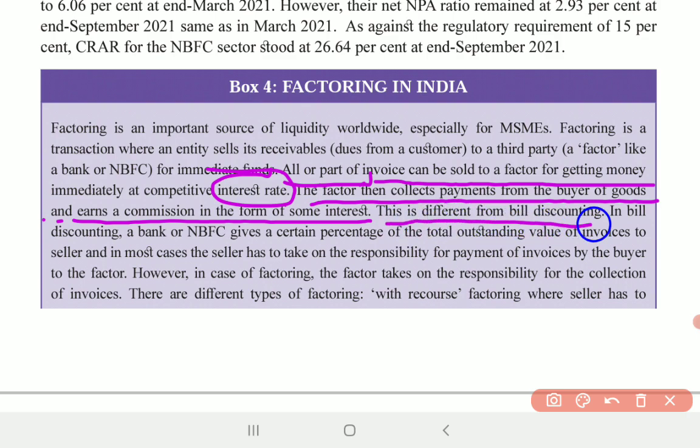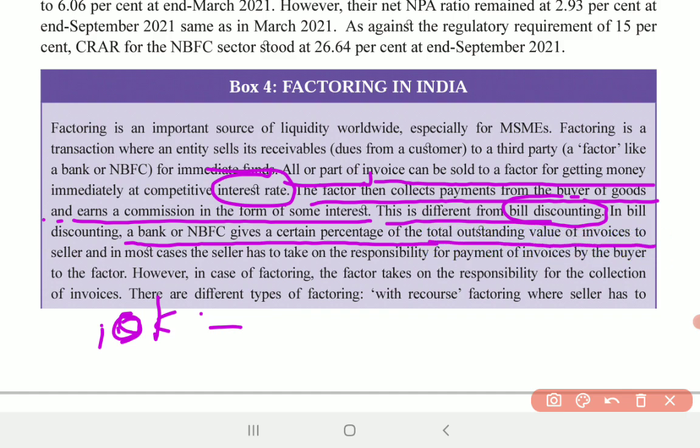This is different from bill discounting. In bill discounting, a bank or NBFC gives a certain percentage of the outstanding value of invoices to the seller. So the bank will deduct some commission and return the rest.